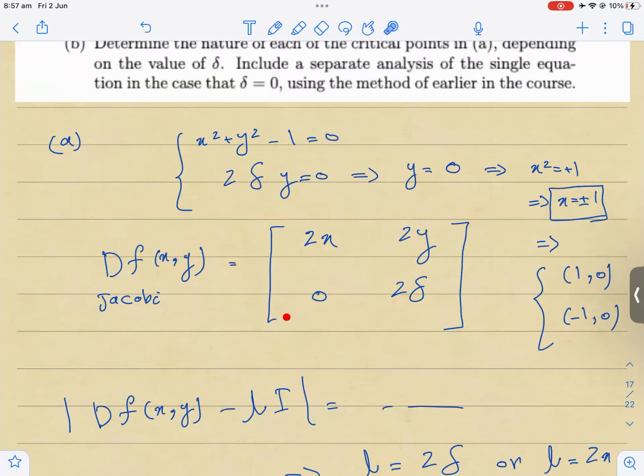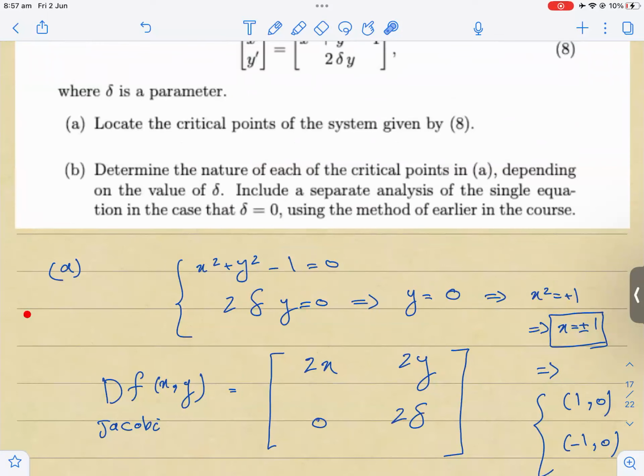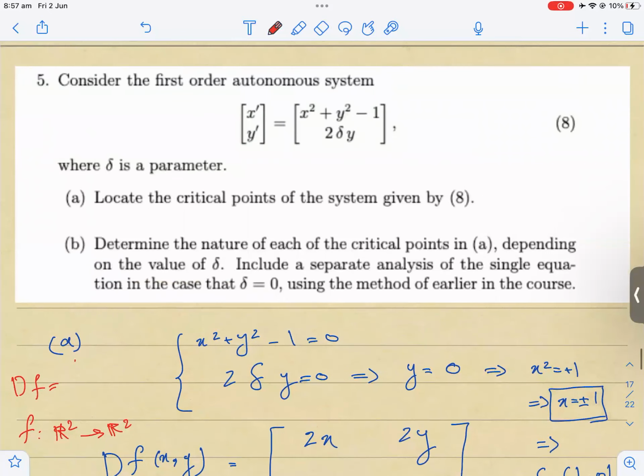Do you want me to explain this? Df, where f goes from 2 dimensions to 2 dimensions. For f from R to R, the derivative is a single number. The derivative of x squared is 2x.